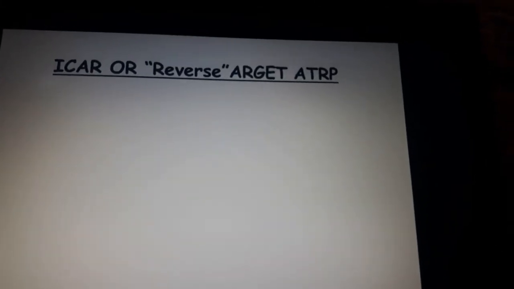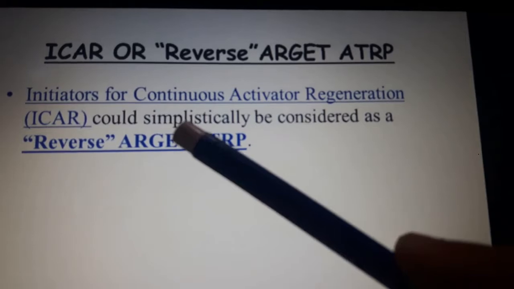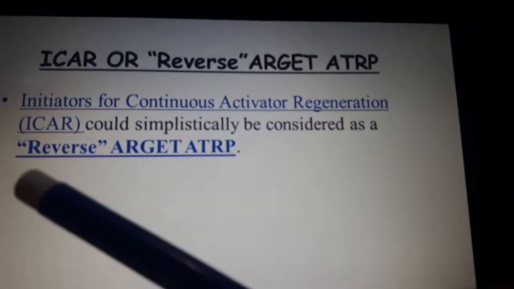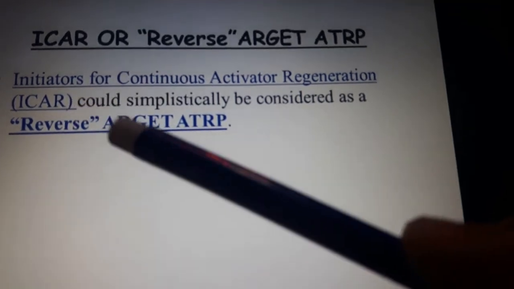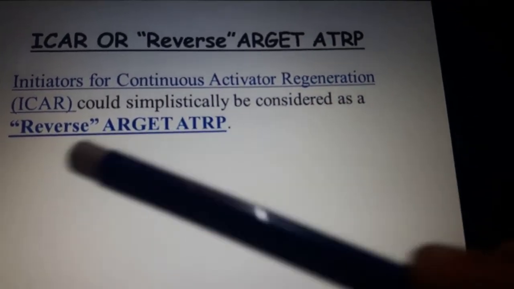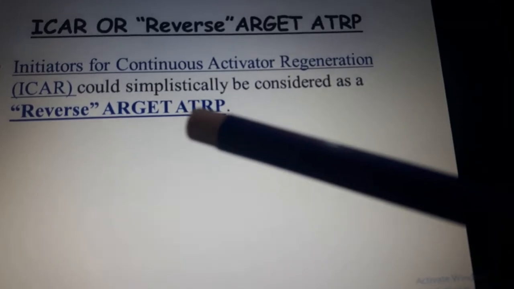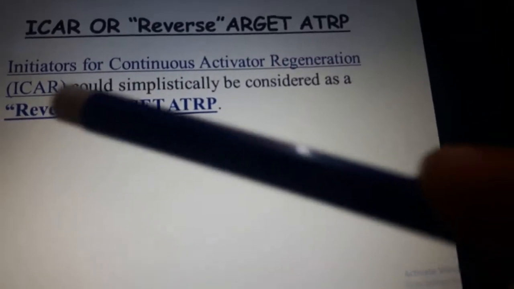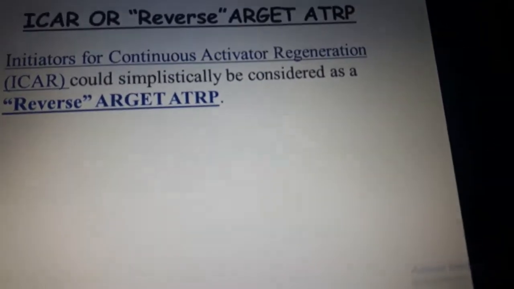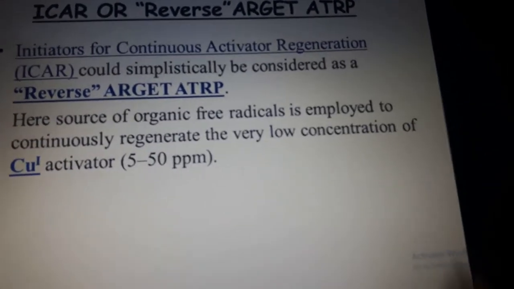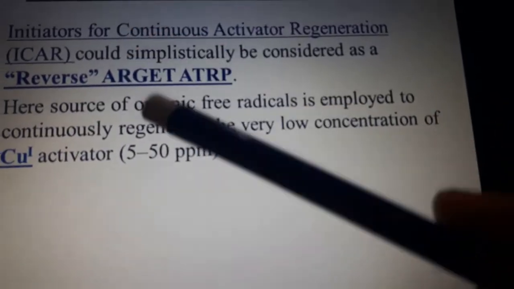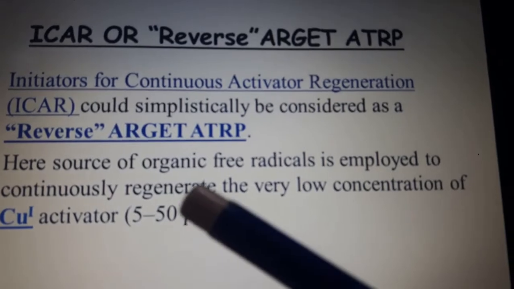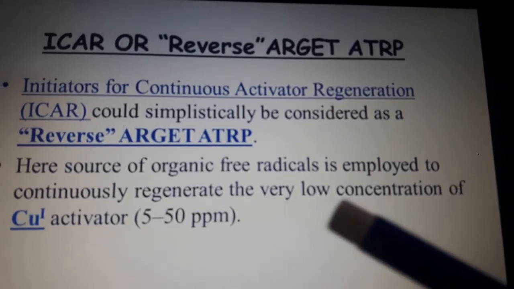Another one is initiator for continuous activator regeneration, or ICAR, that is considered as reverse ARGET ATRP. So part of the mechanism you can look at is the reverse ARGET ATRP. What will happen in this case? Here a source of organic free radical is employed for the continuous regeneration of a low level of the activator.